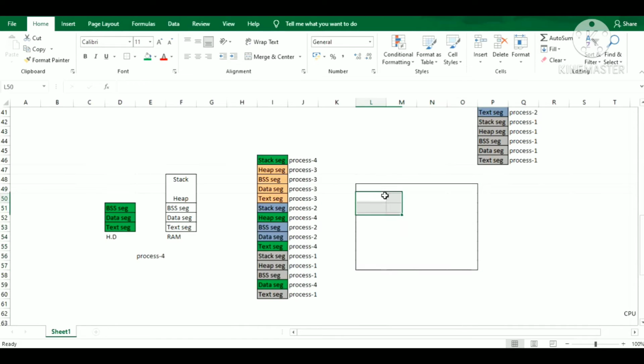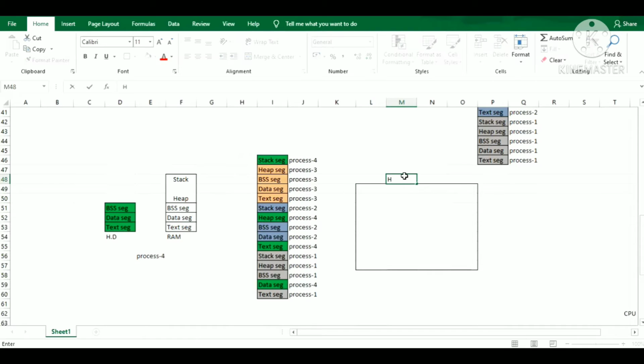This total information is maintained by the CPU. So all this information is stored in the hard disk. That means the segments not used for a long time are copied into the hard disk.